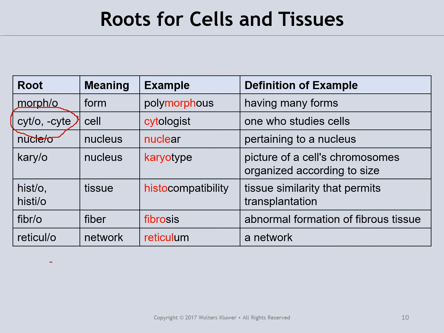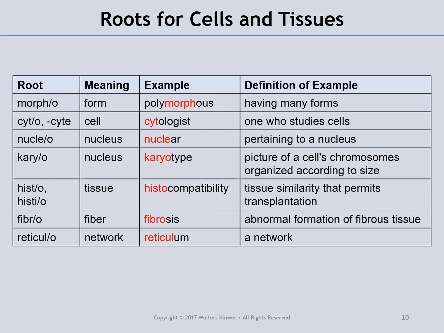Make sure that you do not confuse that with cysto, C-Y-S-T-O. Cysto does not refer to cells. Cysto refers to your bladder, either your gallbladder or your urinary bladder, usually your urinary bladder. So another pair that would be very good to not mess up.